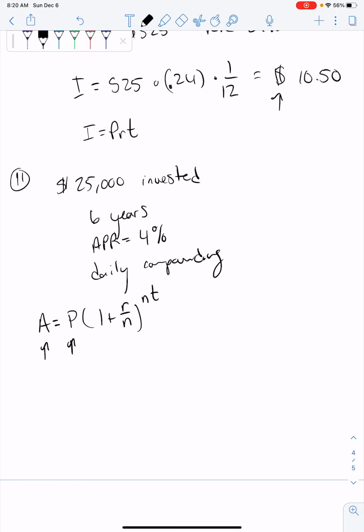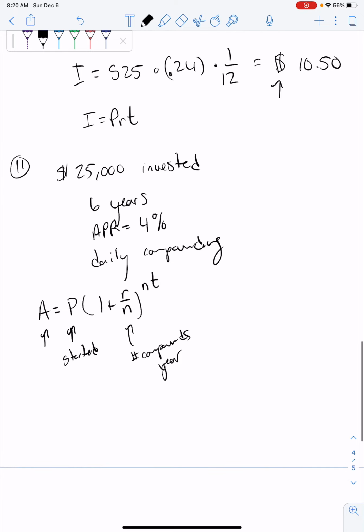So P is our principal, what we started with, just like it was in the other problem. N, we got to be careful. This is the number of compounds in a year. And if I'm compounding every day, then my compounds per year is going to be 365.